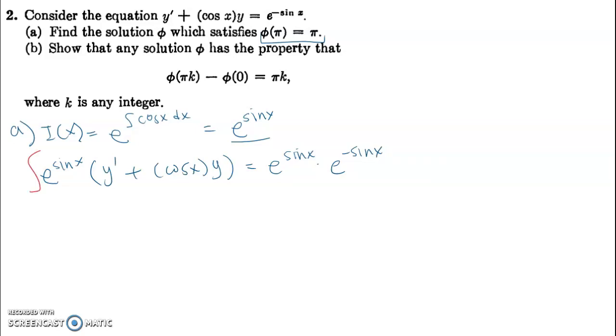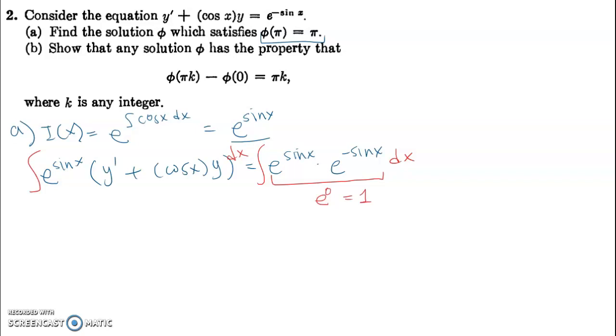Alright, so next we're going to take the integral of both sides. And please note that we have the same base, so we get to keep the base, and we can add the exponents. So sine x plus negative sine x, that's just going to be 0, which gives e to the 0, which is 1.